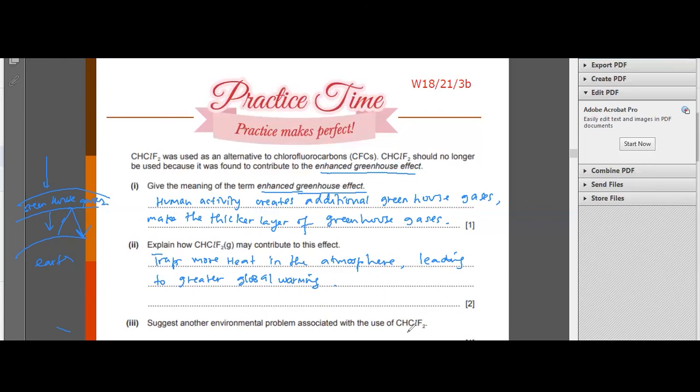This is very simple since you know that Cl is present here. So ozone depletion, right? So not only does CHClF2 affect ozone depletion, it also affects the greenhouse effect as well. So it has an impact on the environment.